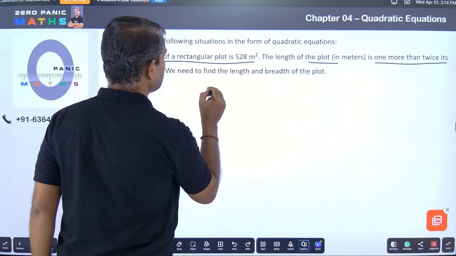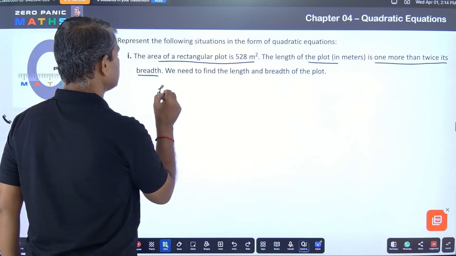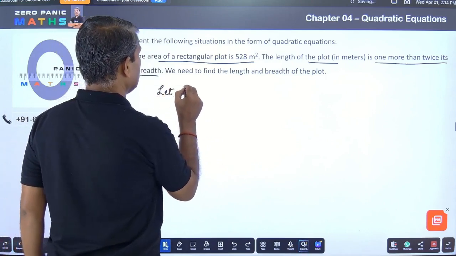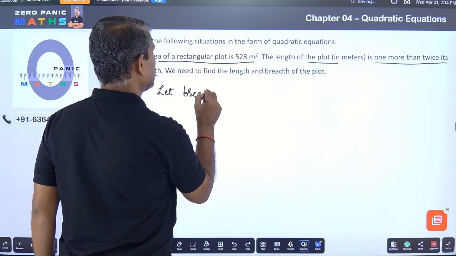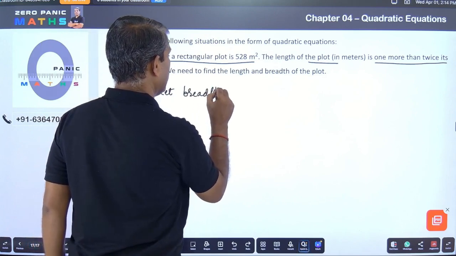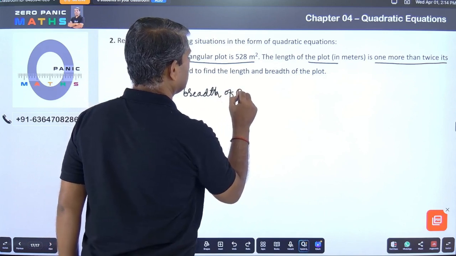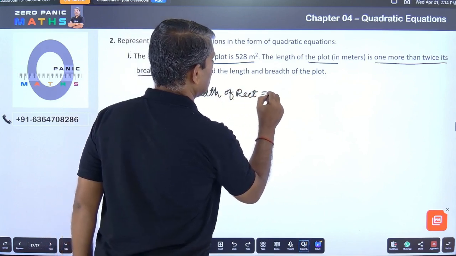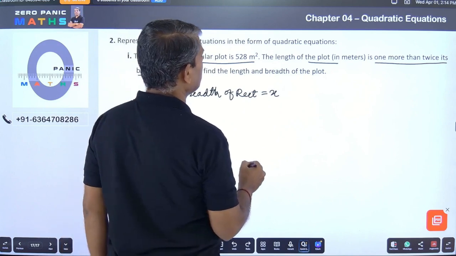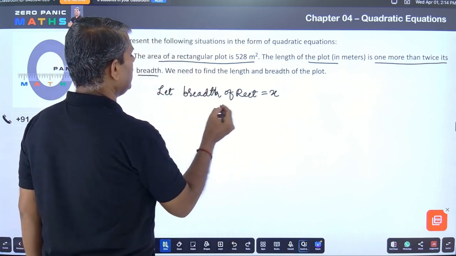Now let us assume the breadth of the rectangle is equal to x.